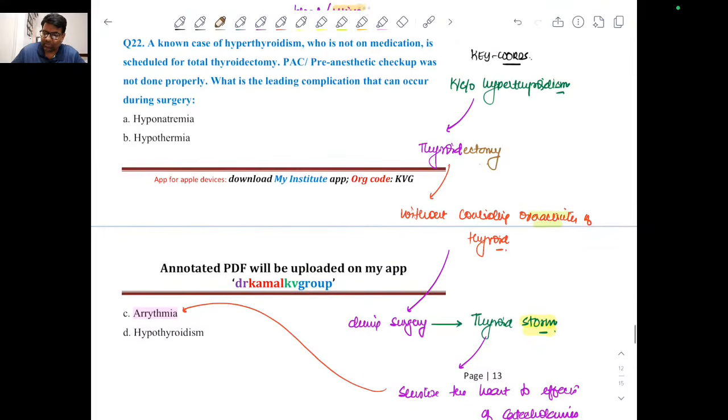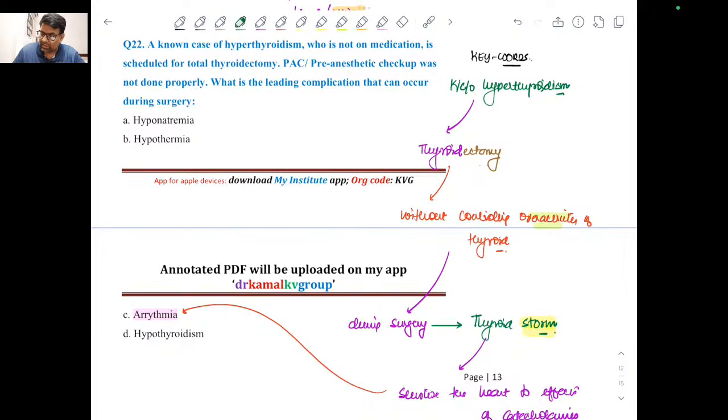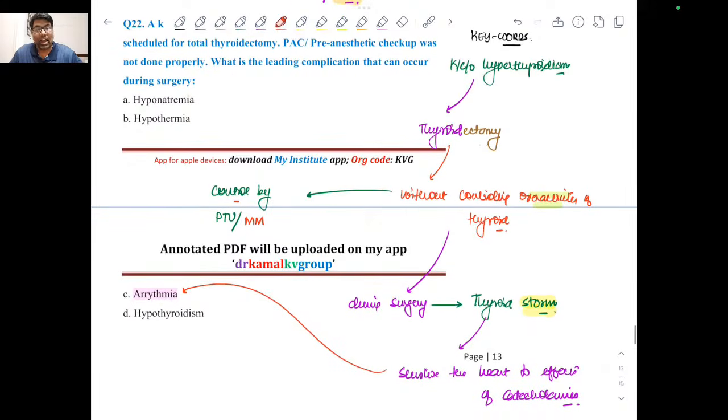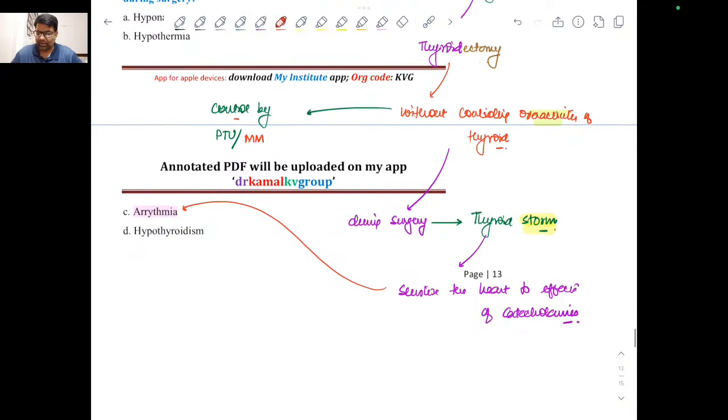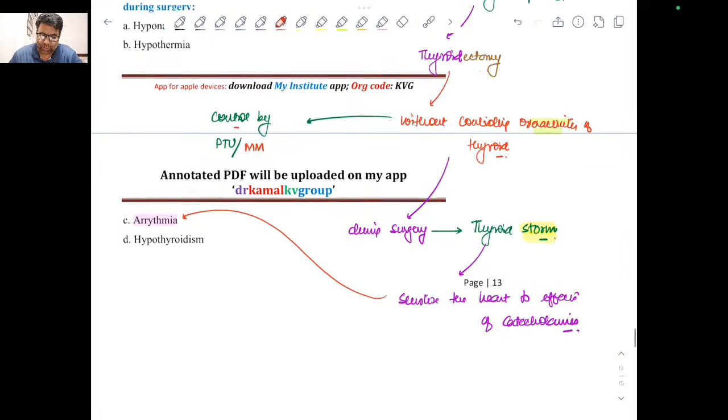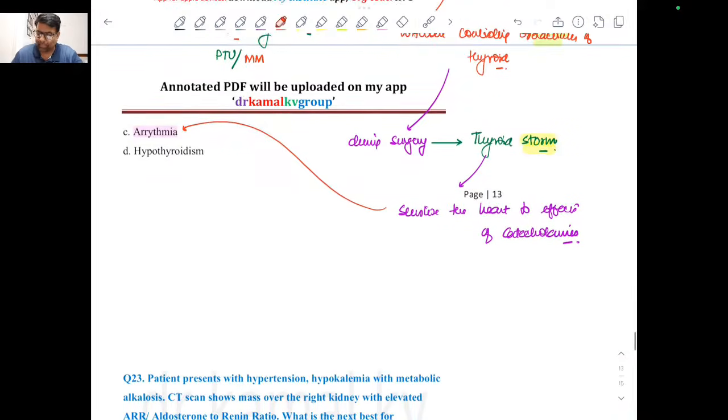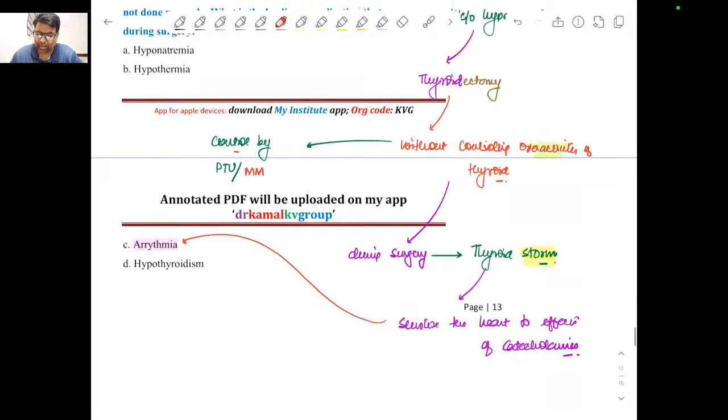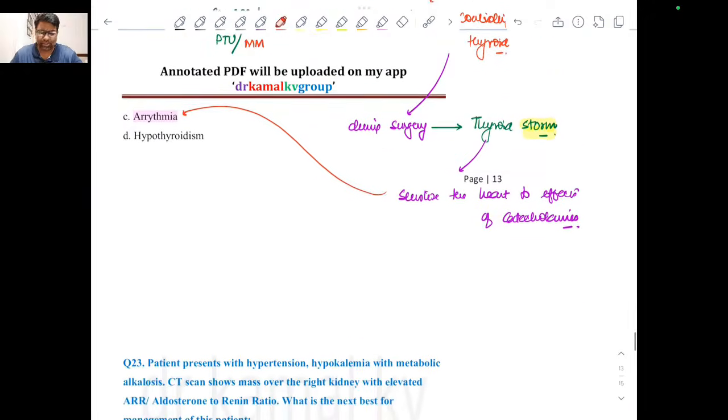So that's very important, that always and always control the status by either propylthiouracil or methimazole, then only take for surgery, right? So don't take the patient for surgery in hyperthyroid state, otherwise arrhythmia is bound to occur. Clear? So that's one of the most fatal complications which can occur during surgery.